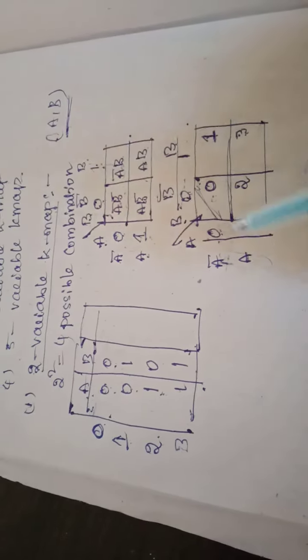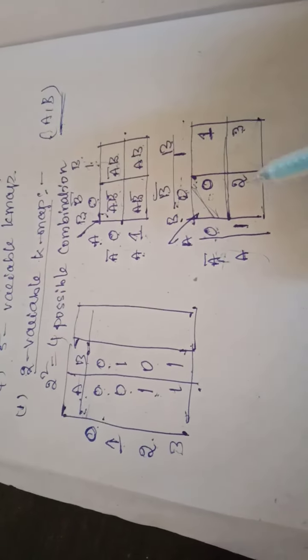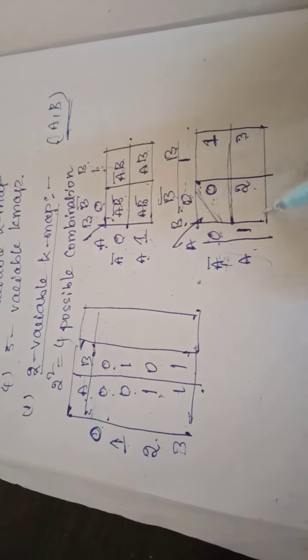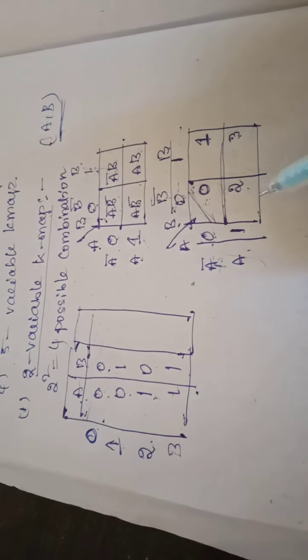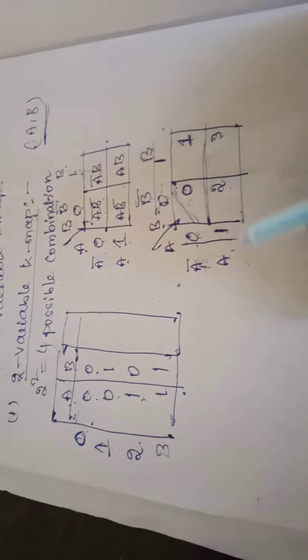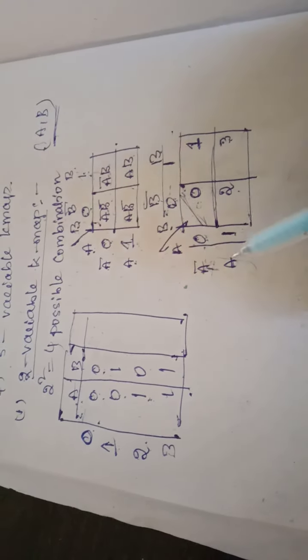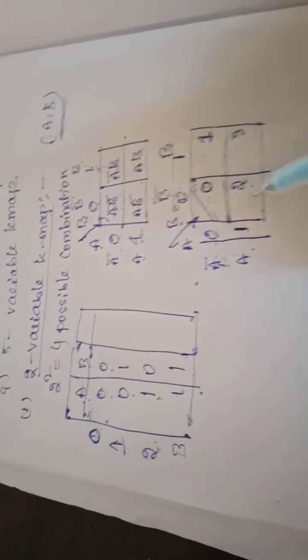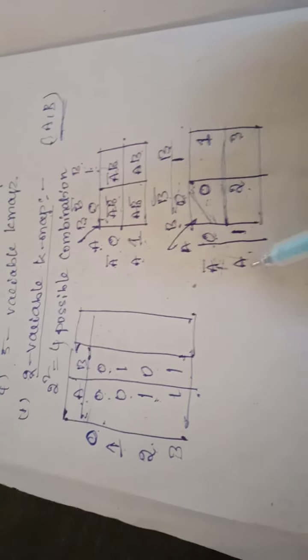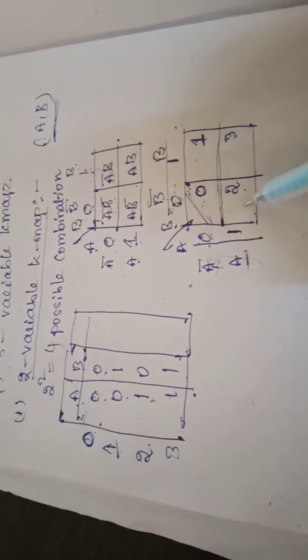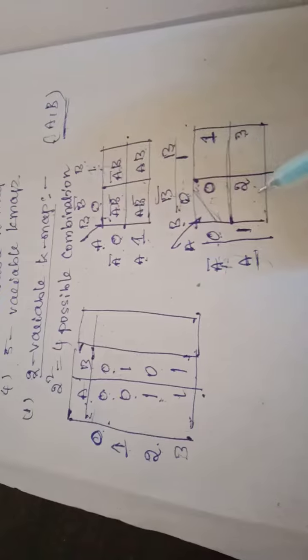Now see how this K-map is built up. K-map is built up based on the Gray code. What is Gray code?